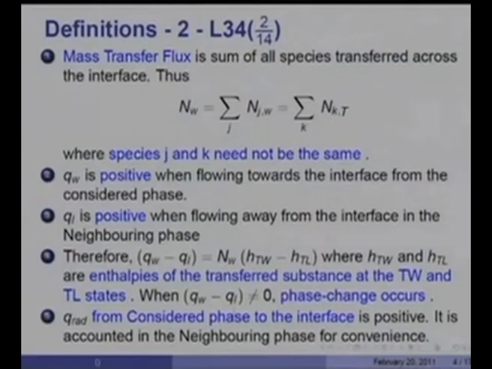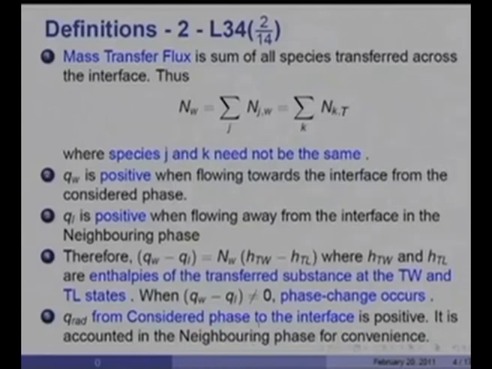So, that is the idea of why we define HTW and HTL as the enthalpies of the transferred substance in the vapor in the considered phase and in the transferred substance phases. QRAD from the considered phase to the interface is positive, it is accounted in the neighboring phase.